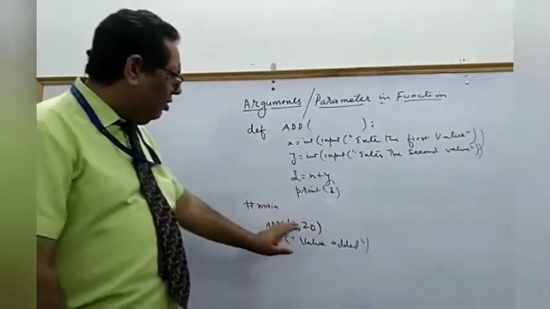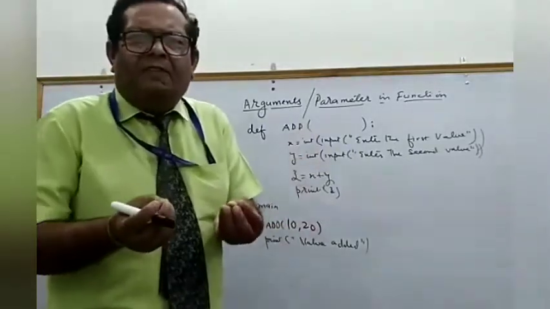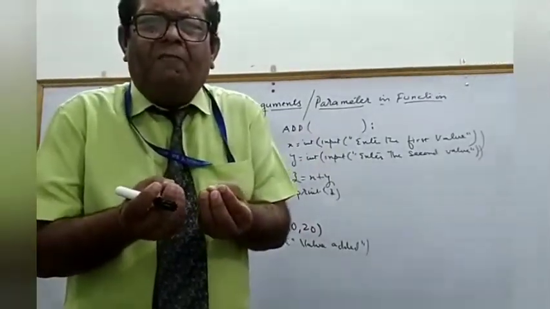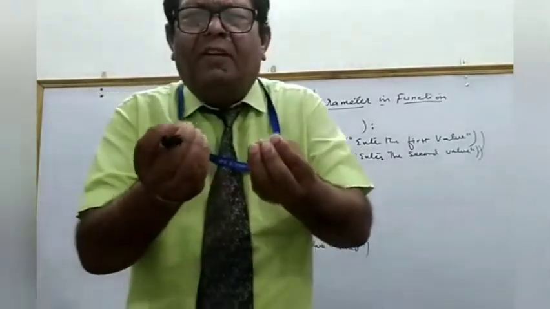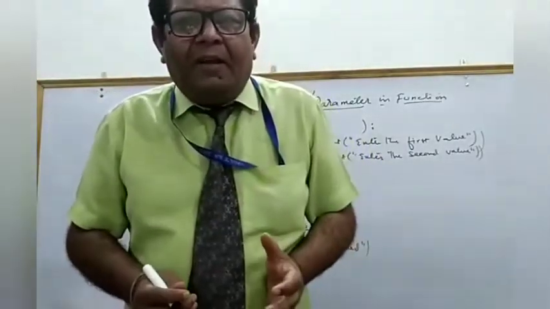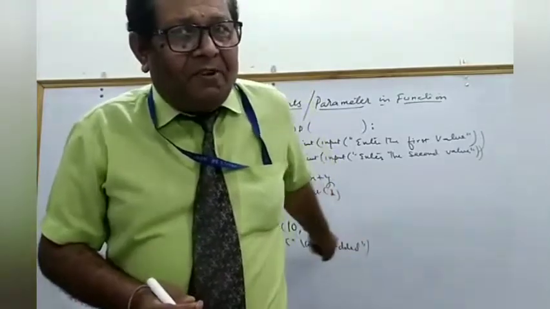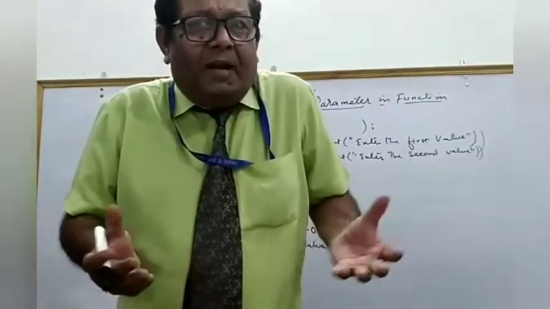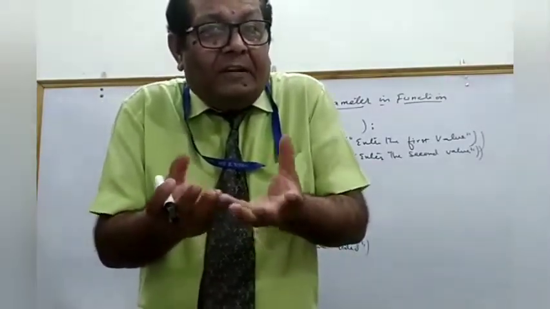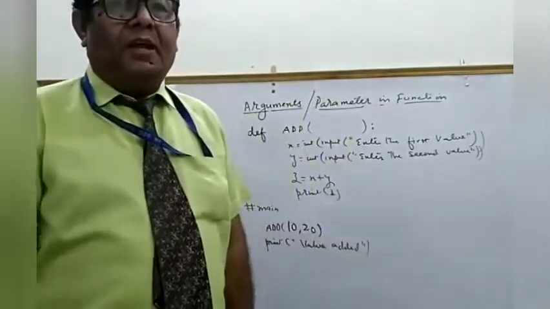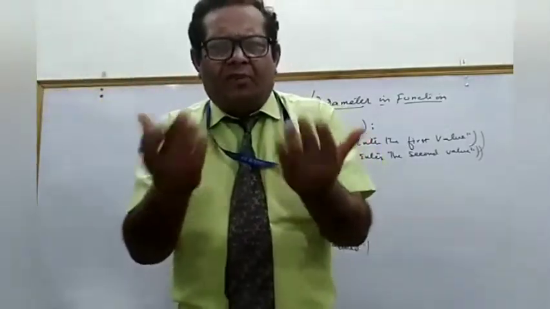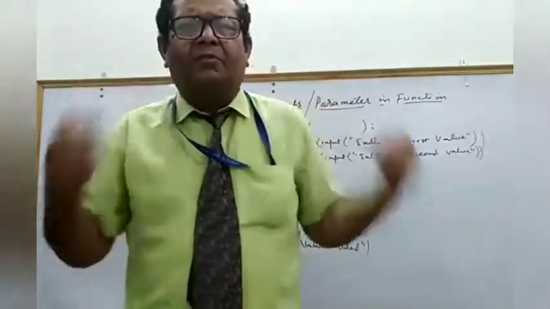So when the control goes from here to here, it will take the values 10 and 20 with itself, and when it reaches the function definition, it will tell the function add, I have been sent to you by the function main, and I have not come empty-handed. I have brought some values for you to add. So the add function will say, okay, now give those values to me so that I can add them.